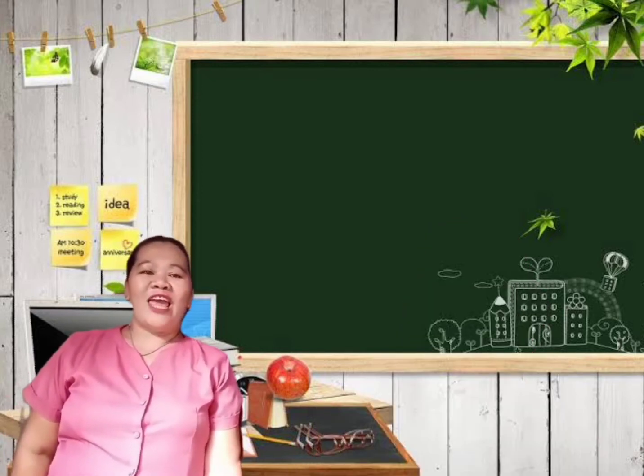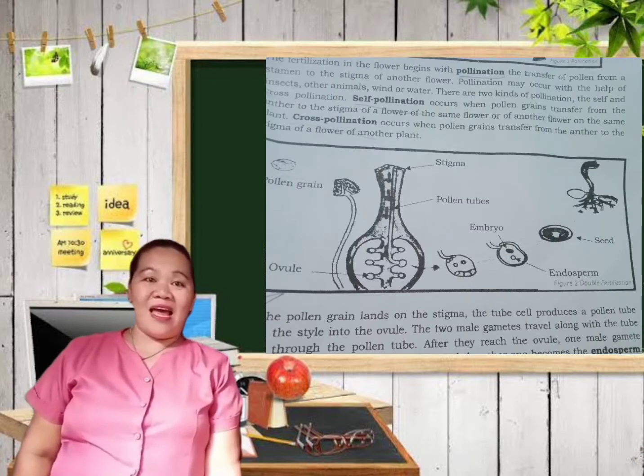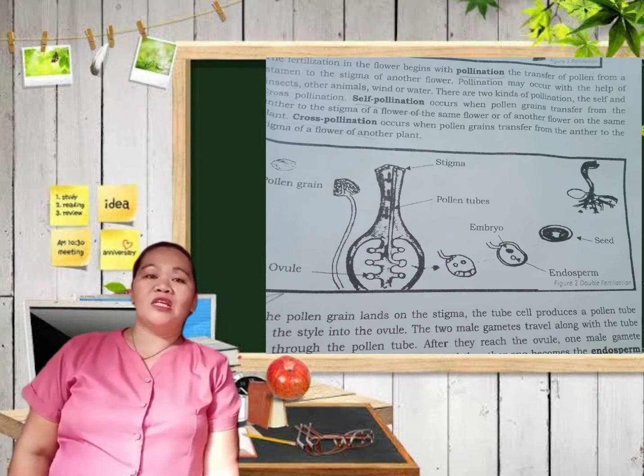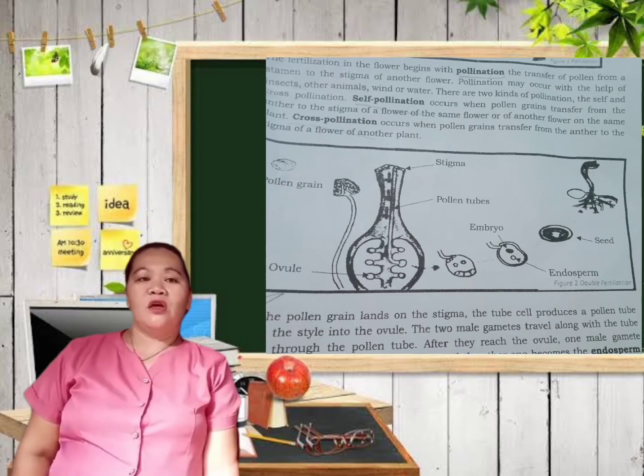When the pollen grain lands on the stigma, the tube cell produces a pollen tube through the style into the ovule. The two male gametes travel along with the tube nucleus through the pollen tube.